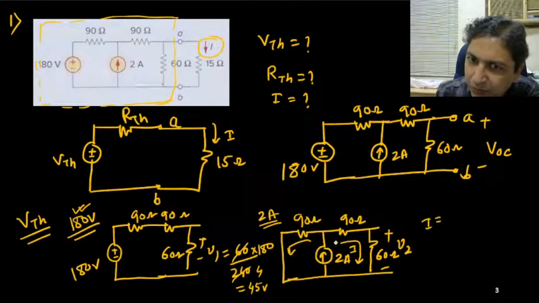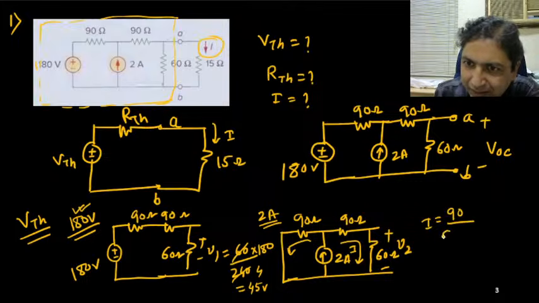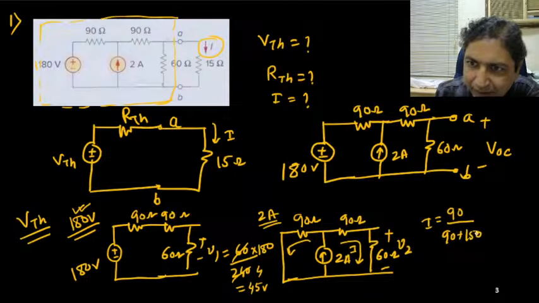Okay. So if you use current divider, this side current branch will be the opposite resistance 90. It is 90 upon total, that is 90 plus this side branch is 150, that I have said 90 plus 60, multiplied by supply current, that is your 2 ampere.